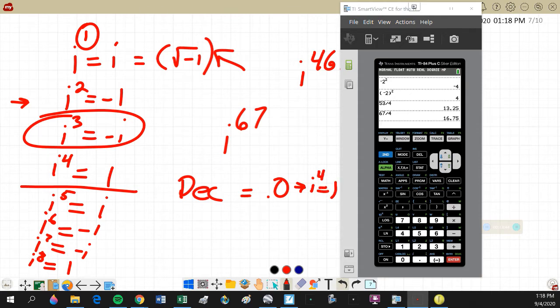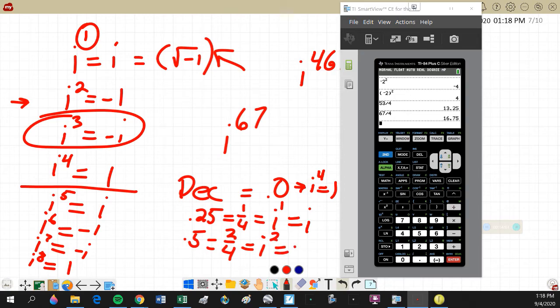If your decimal is 0.25, that's the same as 1/4, which is the same as I to the first, which is I. If your decimal is 0.5, that is 2/4, which is the same as I squared, which is negative 1. And 0.75 is 3/4, which is the same as I to the third, which is negative I.